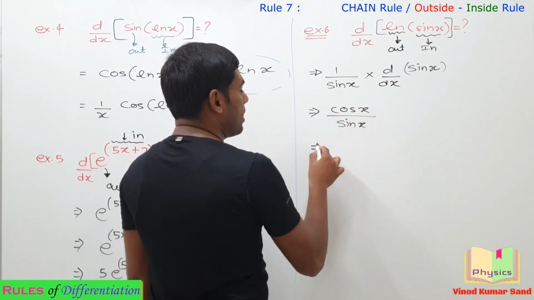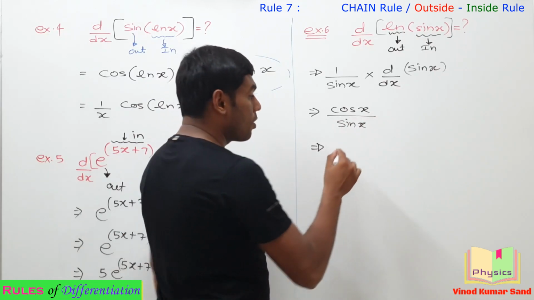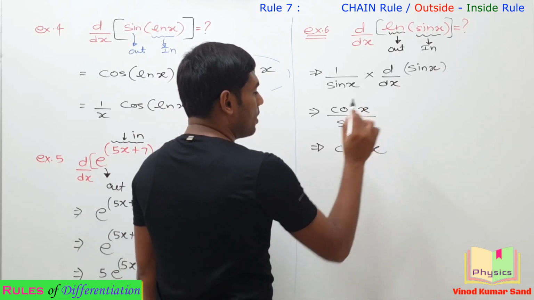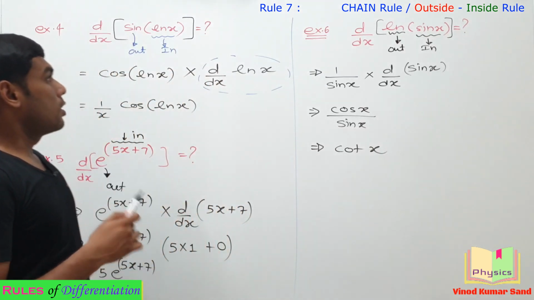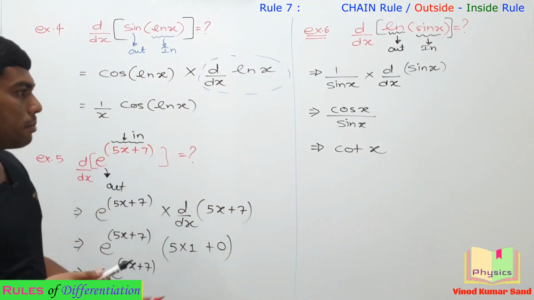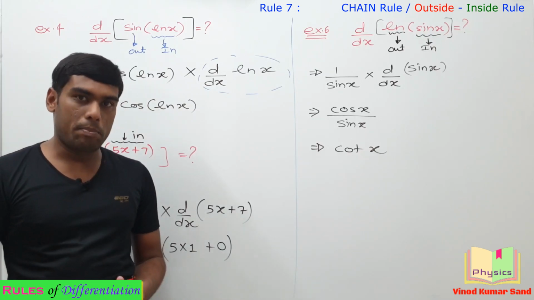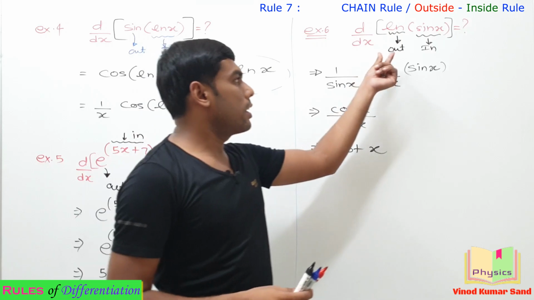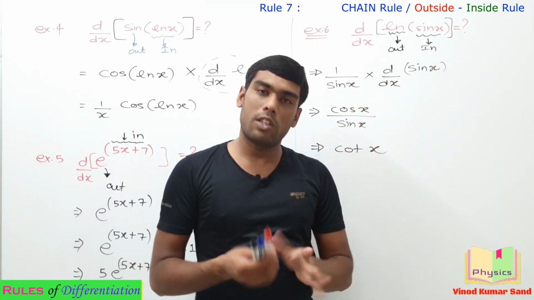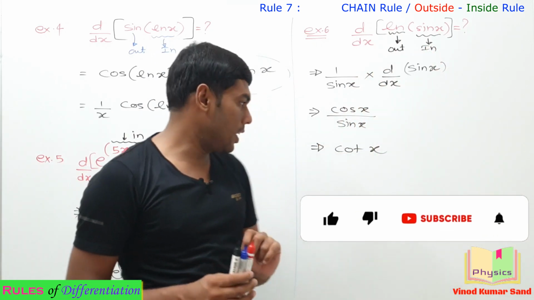The cos x by sin x can be written as cot of x. Pretty simple answer. Getting it? You can note down these things, then I'll be taking up the next example. Every time we are doing the same thing, first we differentiate the outside function and then we differentiate the inside function. Okay.